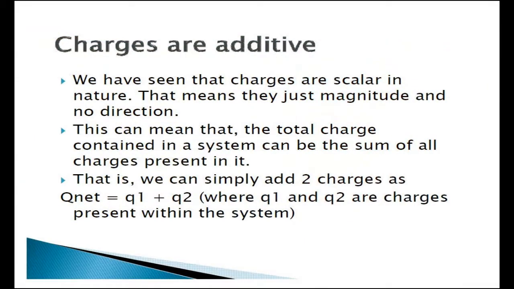Some are positive, some are negative, and they are arranged in a random fashion. So, if we want to know the total charge of the system, how are we going to find it out?